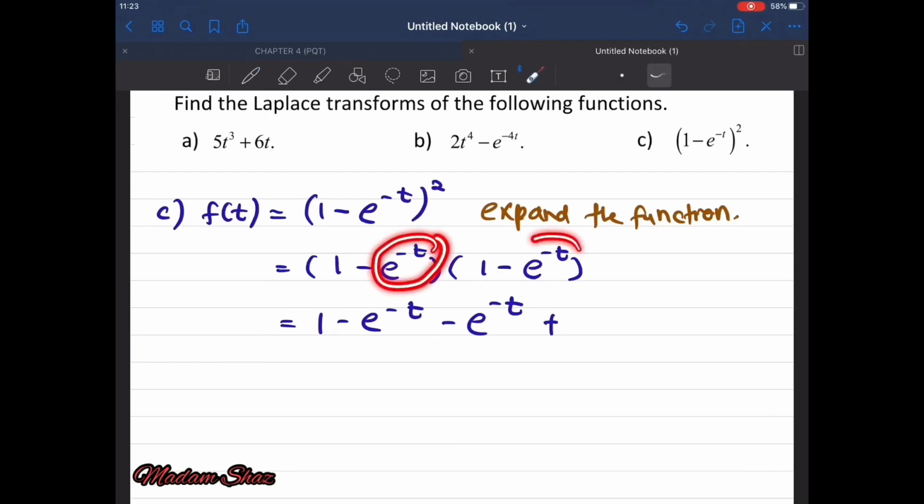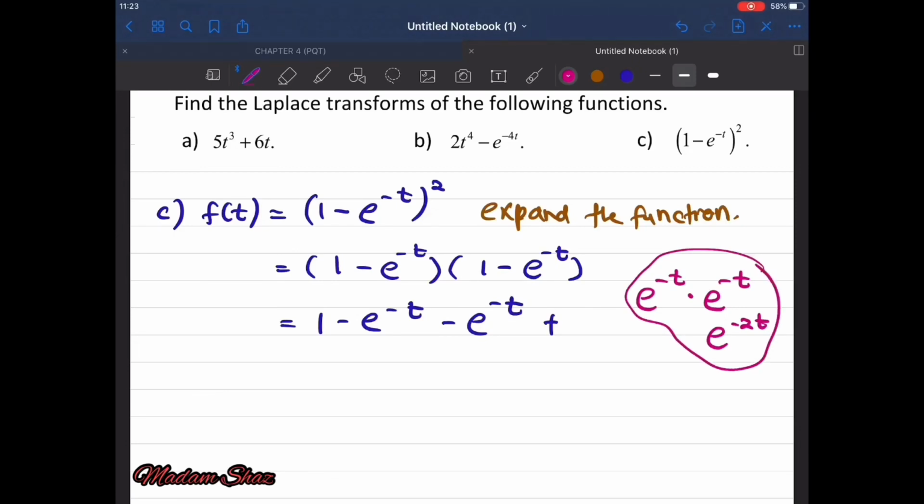So what should you do with this power? You have to add the powers. So this will become plus e to the power of negative 2t.